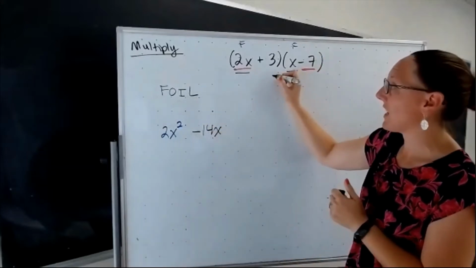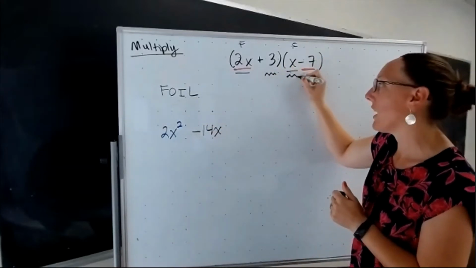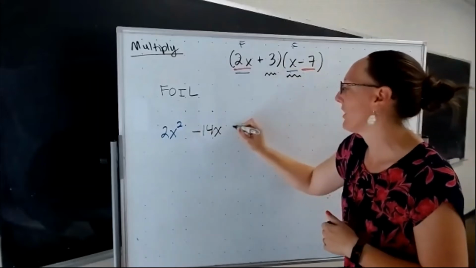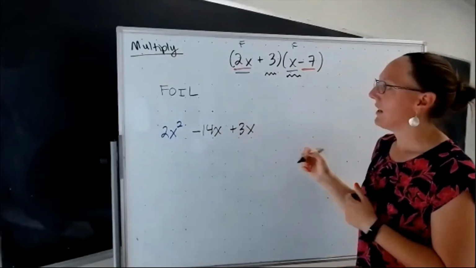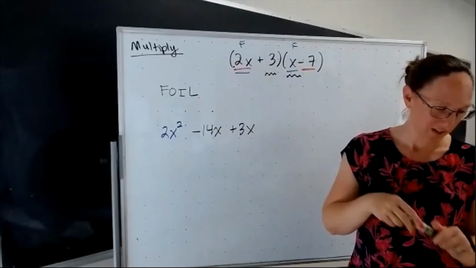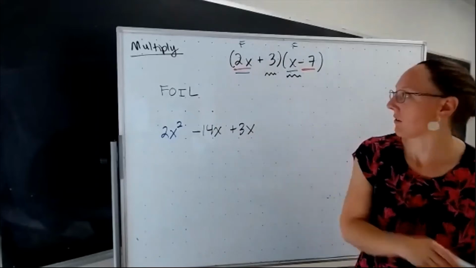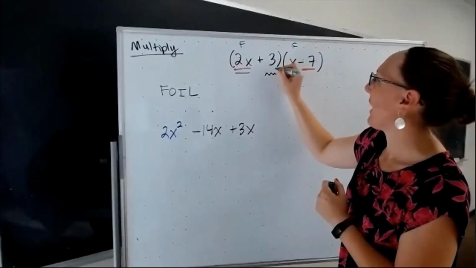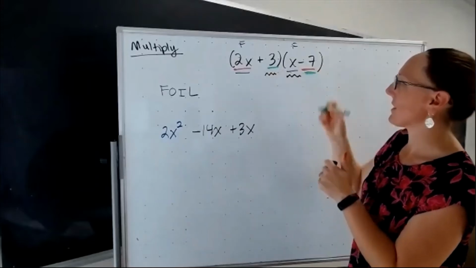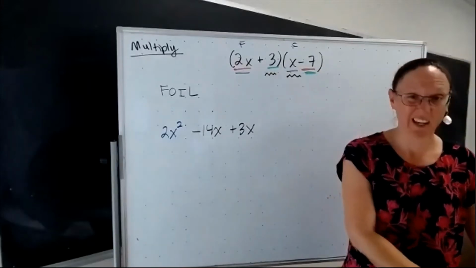Inner. So I would take the 3 and the x, multiply those together, get a plus 3x, and the last terms. So now I am looking, what color have I not used? Green. Now I'm looking at the 3 and the 7, or sorry, 3 and -7 to get -21.